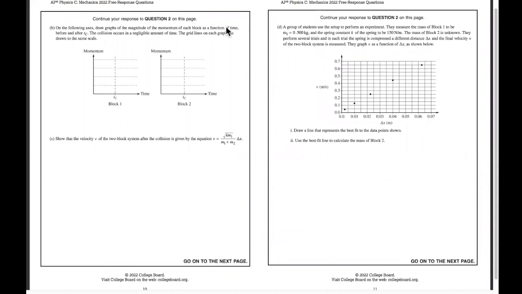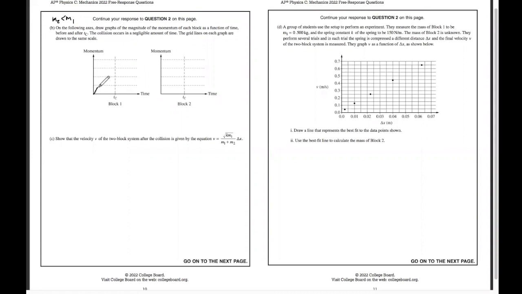Something that's important to note is that M2 is actually smaller than M1, so I'm going to make a note up here about that. What we need to do then is draw graphs for the magnitude of momentum for both blocks as a function of time.